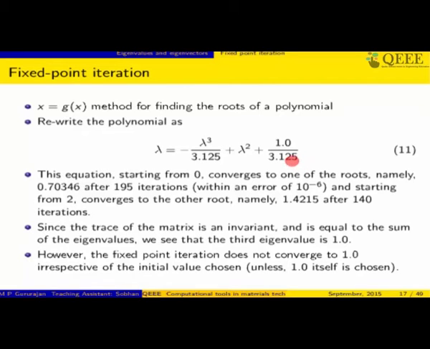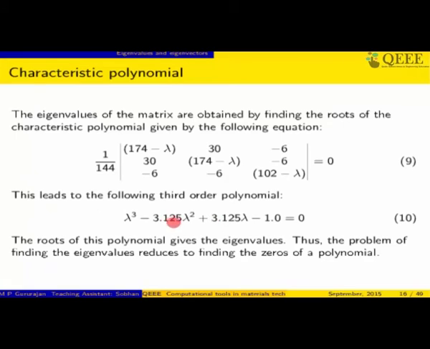Now, some of you might think, this is not the only way by which I can write it in the x equal to g(x) form, right? And you are right. This is not the only way. For example, I could have decided to write the square root of lambda cube plus 3.125 lambda minus 1, divided by 3.125.